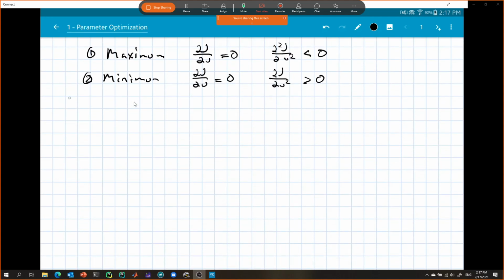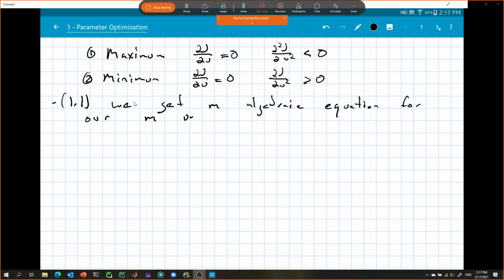So from 1.1, we get algebraic equations for our unknowns. So we have u, the unknowns, and that's a vector u.